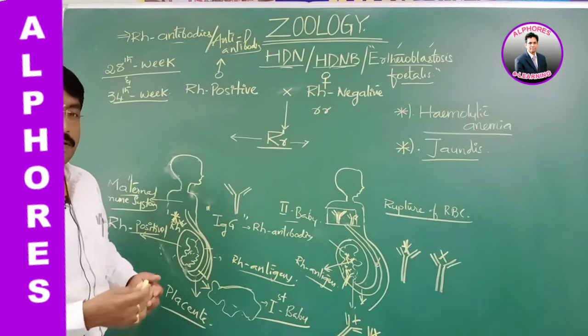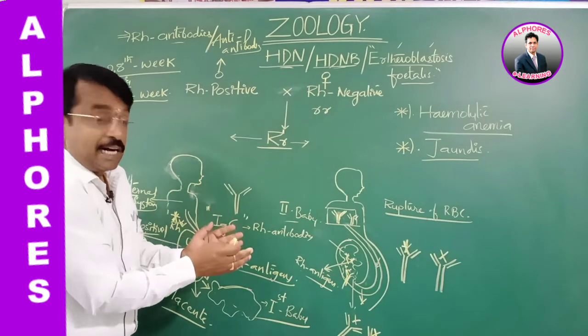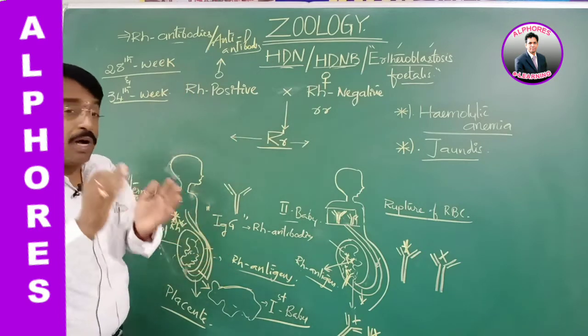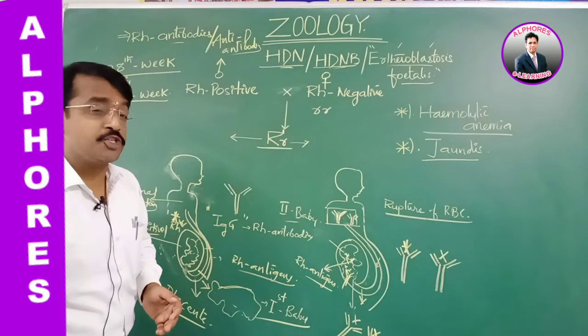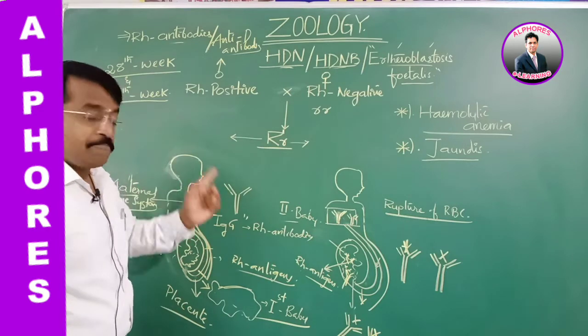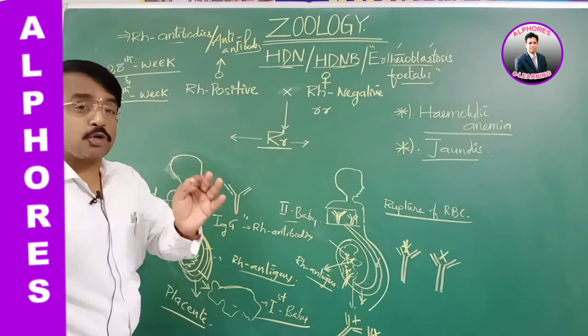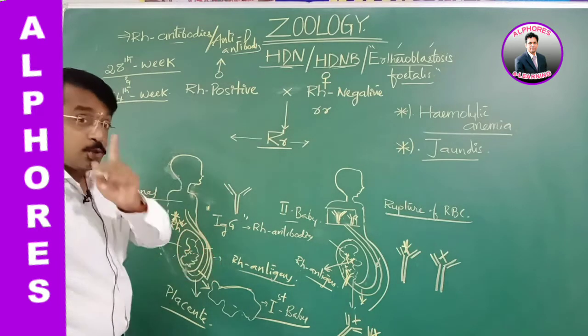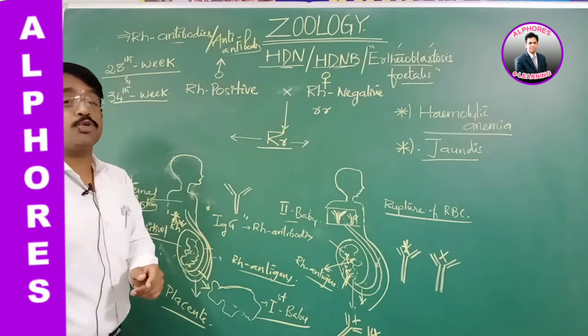Yes, definitely. Why? If not, the first baby would have been prone to this. Why is the first baby not prone to HDNB? Because the first child was born before the sensitization. So that is the point to remember.